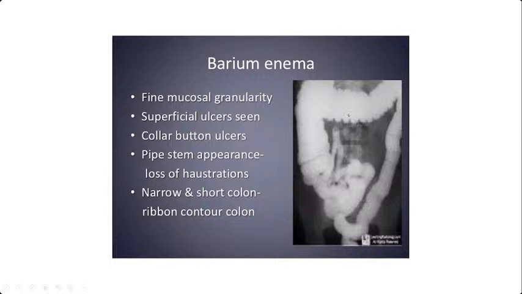This is normal with the usual haustrations, but in the sigmoid and rectum, they are lost, and it's described as pipe stem appearance due to the loss of the normal colon haustrations. The narrow and short colon has a sort of ribbon-like contour.